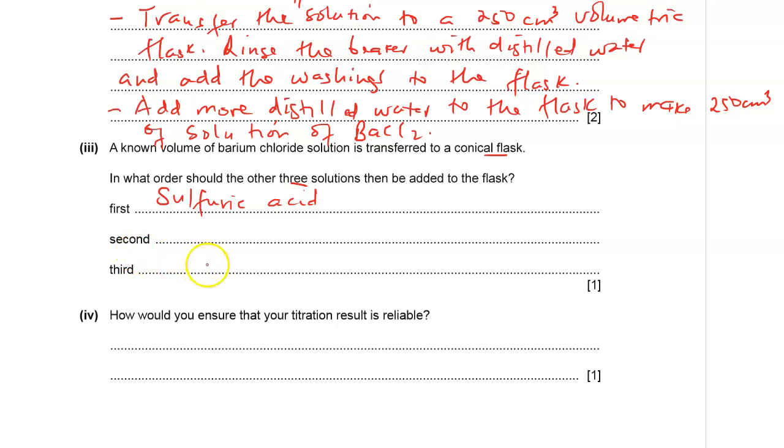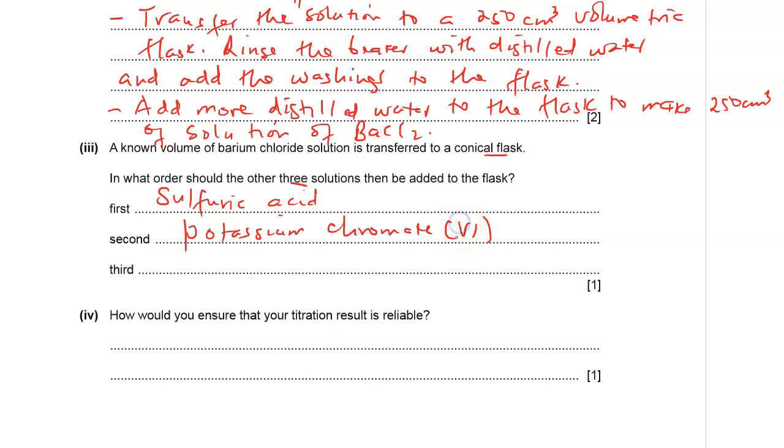The second one is potassium chromate 6. This will be in readiness to react with excess silver.